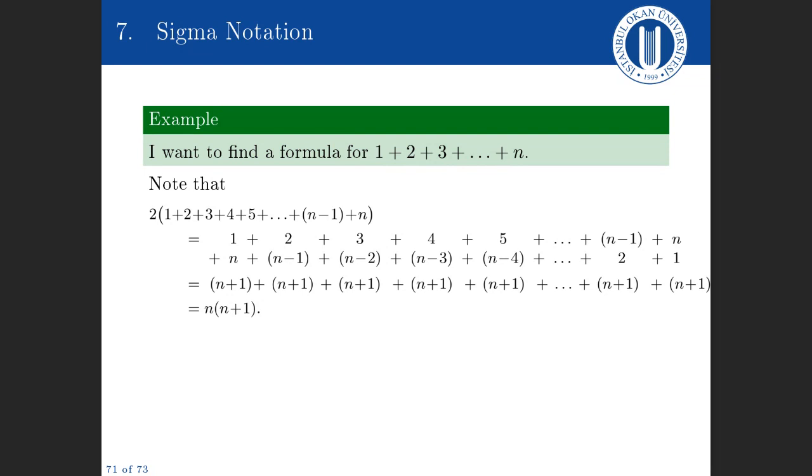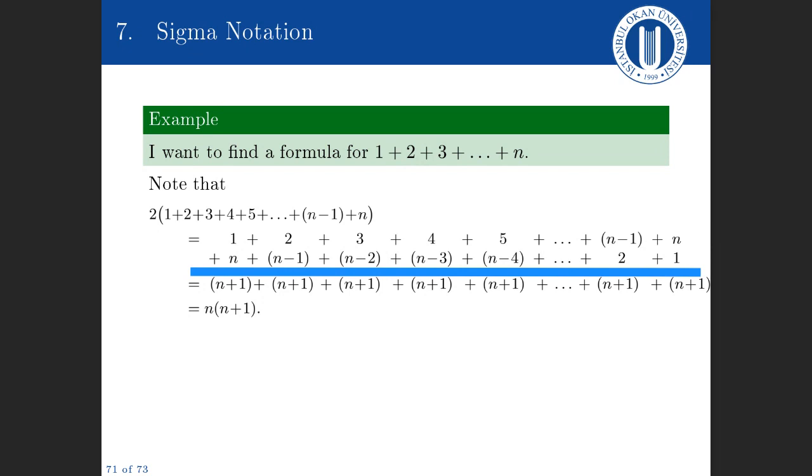The first one I'm writing in the same order, 1 plus 2 plus 3 plus 4 plus 5, etc. But the second of these, I'm going to write in the opposite order. Instead of starting at 1 and going upwards, I'm going to start at the biggest number and go downwards: n plus n minus 1 plus n minus 2, etc.